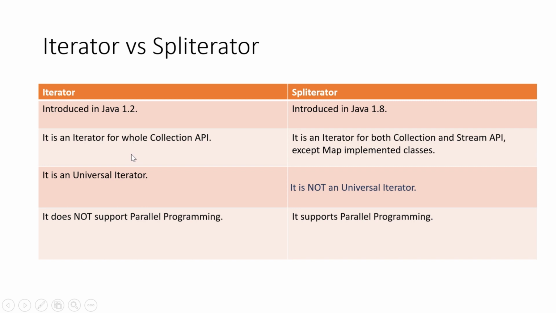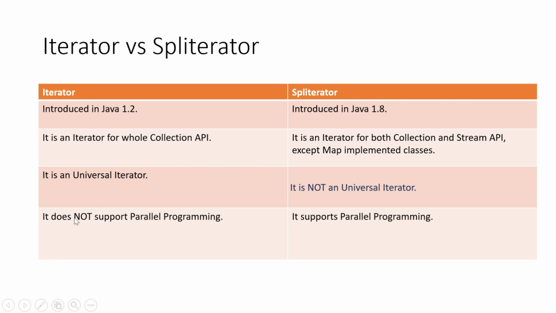Iterator is an iterator for the whole Collection API. Spliterator is an iterator for both the Collection and Stream APIs, except Map. Iterator is a universal iterator, whereas Spliterator is not a universal iterator.